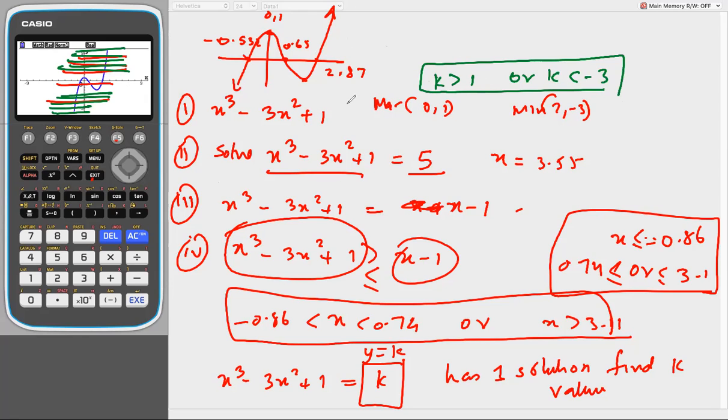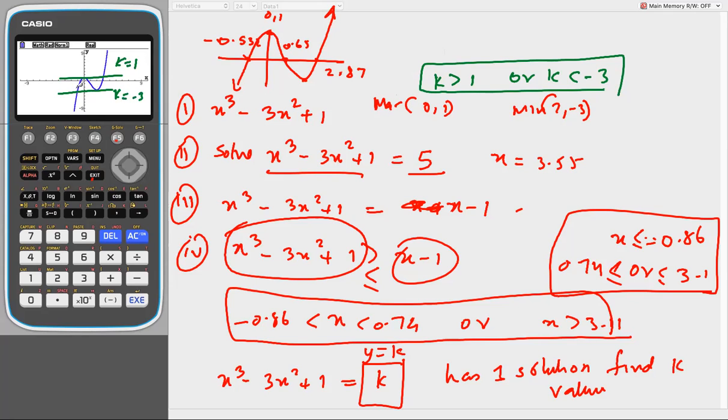Now, if they ask for the exact k value that gives two solutions, that will be here on your GDC. Exactly two solutions here if I draw a horizontal line. So that's k equals 1 or k equals -3.